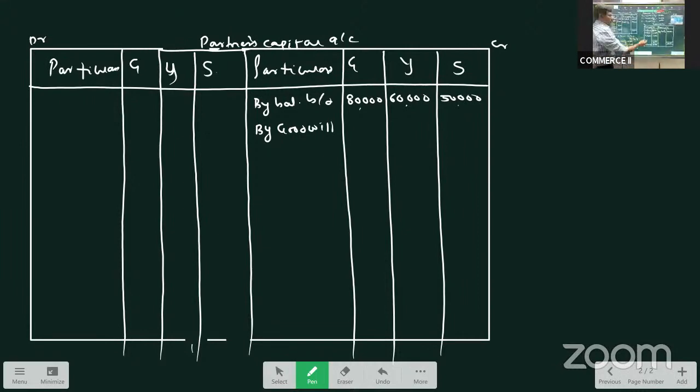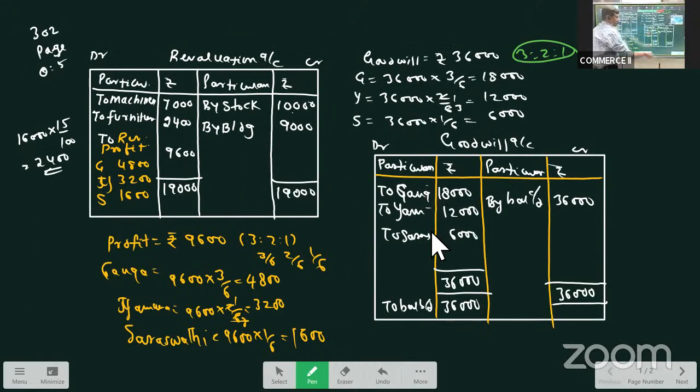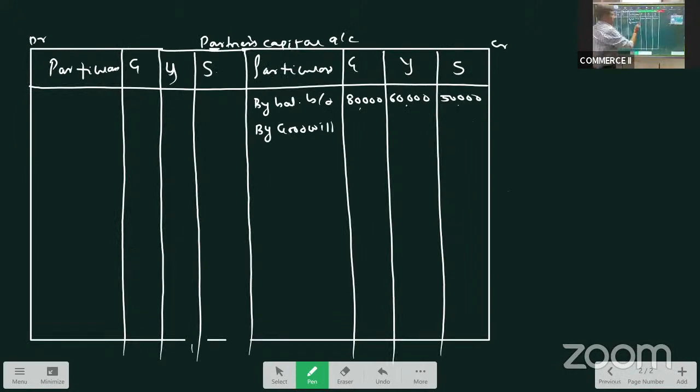In the last slide, we did 18,000, 12,000, 6,000. This is how we have credited. So the same thing, 18,000 will go to Ganga, 12,000 will go to Yamuna, 6,000 will go to Saraswati.